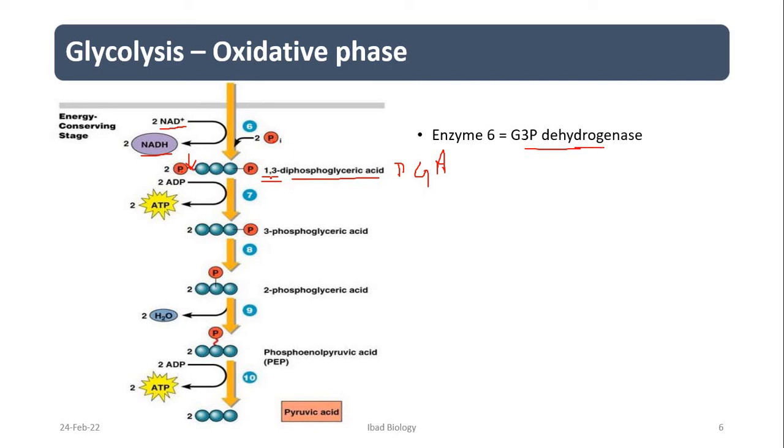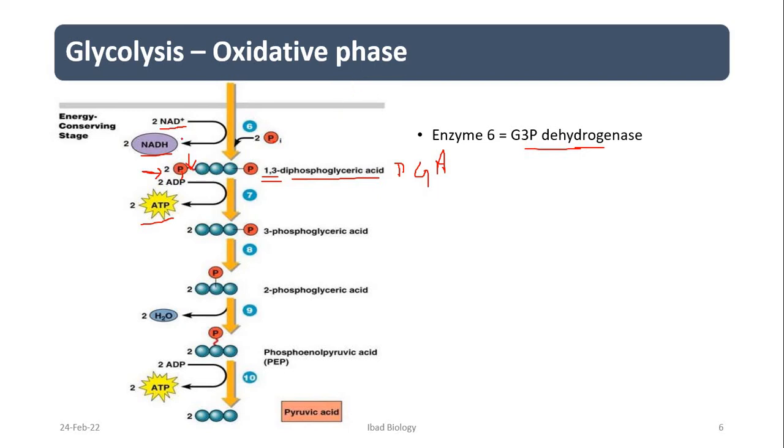In the next reaction, 1,3-diphosphoglyceric acid transfers its high energy phosphate to an ADP molecule, which is converted into an ATP molecule. Remember that every reaction from here on will be considered to occur twice, because two G3P molecules are produced at the end of the preparatory phase.